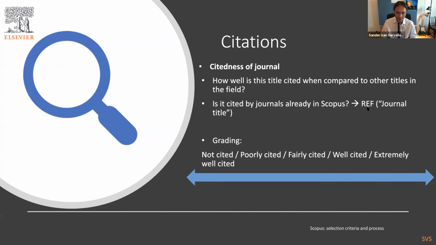There's a couple ways you can do it, but I use the operator REF, which is searching in the references. And then you can search for the journal title using a phrased search. And if you have different variants of the title, like an English name and a non-English name, or different abbreviations, then you could build a search string with OR to account for that.